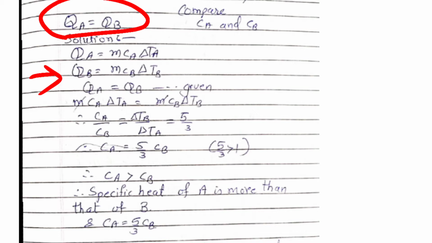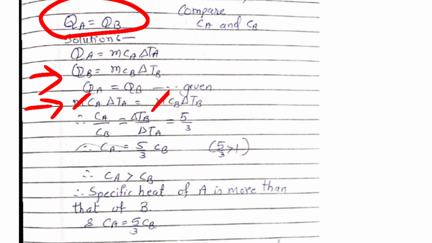So let us compare: m Ca into delta Ta is equal to m Cb into delta Tb. Now m got cancelled, right? So what will be now? We are taking C on one side and delta T on the other side. So Ca upon Cb will be delta Tb upon delta Ta.